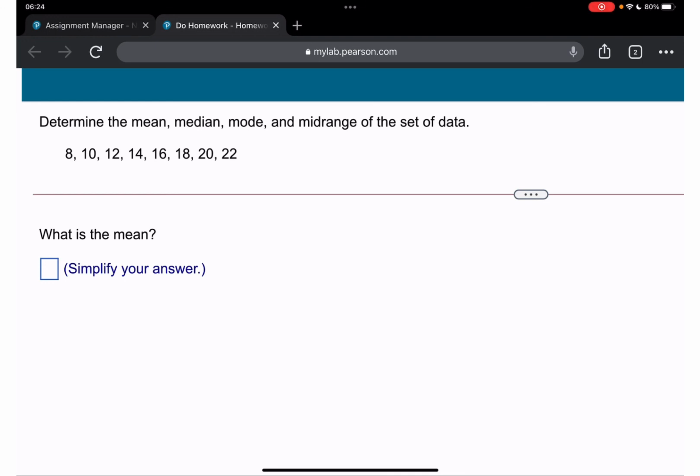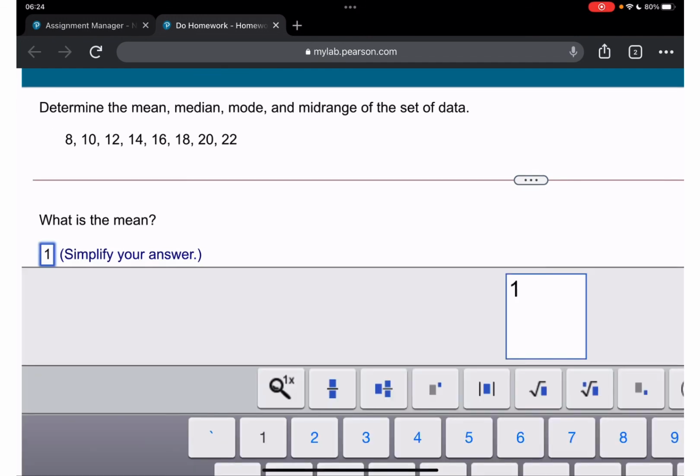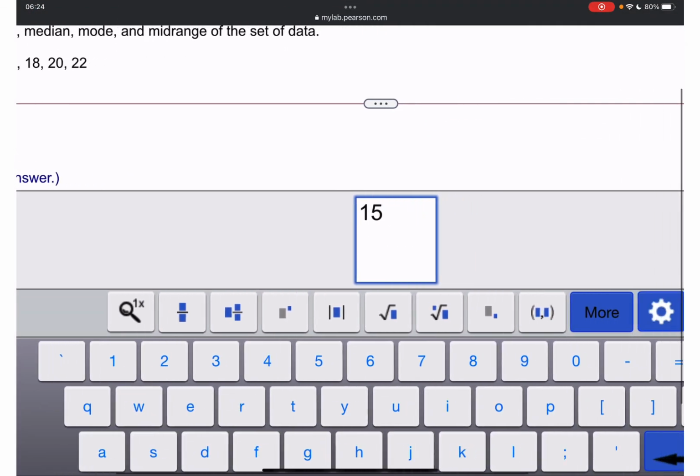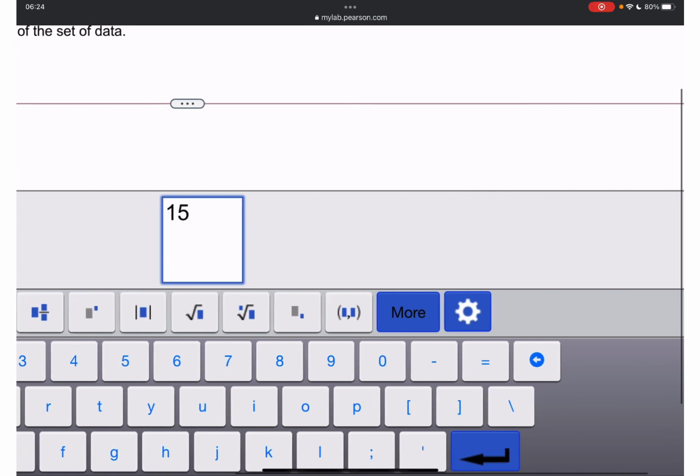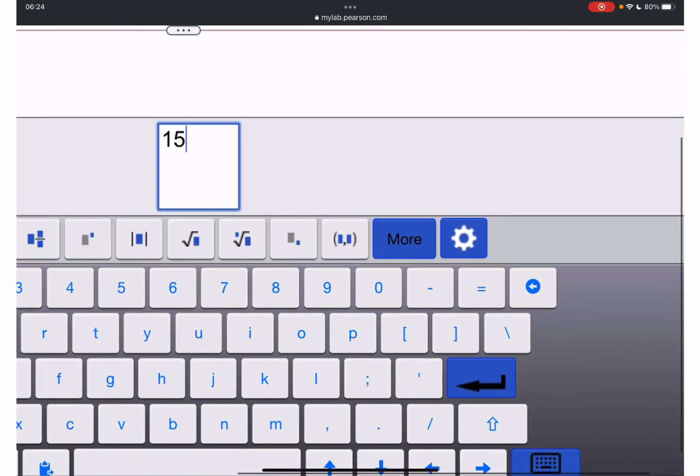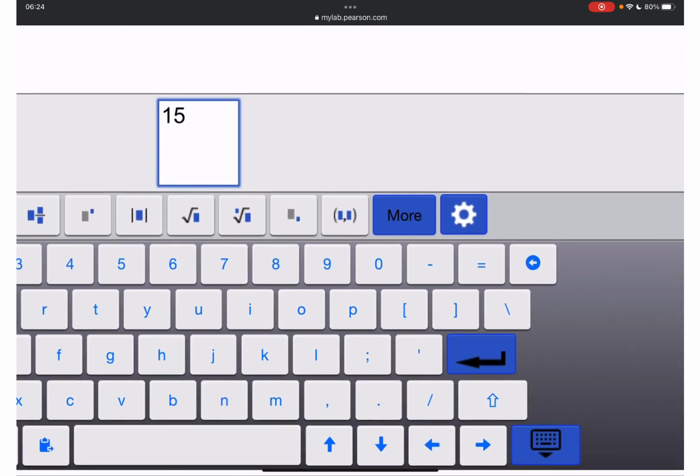How many elements do we have? 1, 2, 3, 4, 5, 6, 7, 8. 120 divided by 8 is going to be 15. So mean is going to be 15. If you want to go again step by step, you can go back and see how I did it step by step.